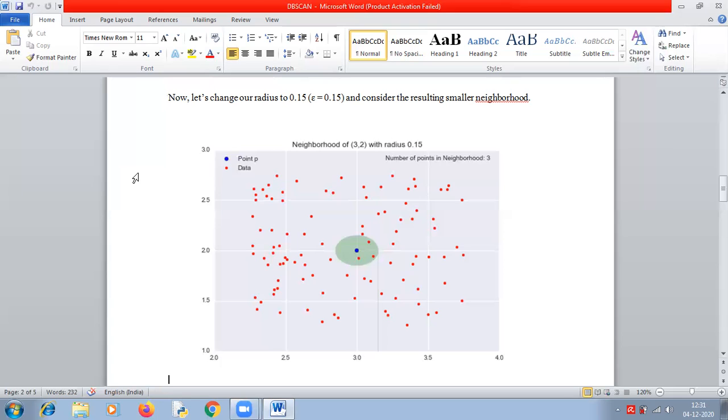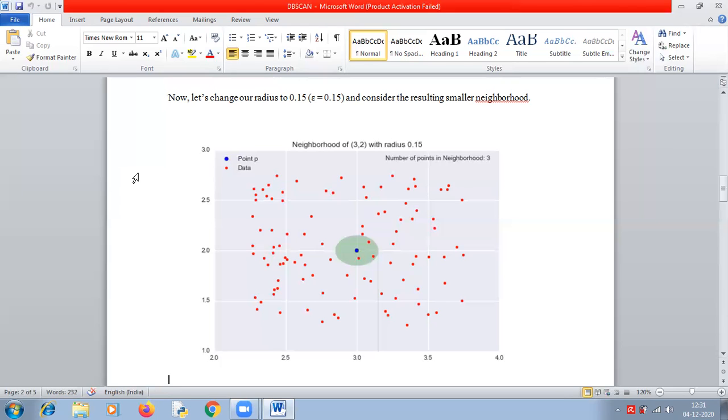Let's use this idea of mass divided by volume to define density at some point P. If we consider some point P and its neighborhood of radius epsilon, we can define the mass of the neighborhood as the number of data points contained within it, and the volume of the neighborhood is the volume of the resulting shape.